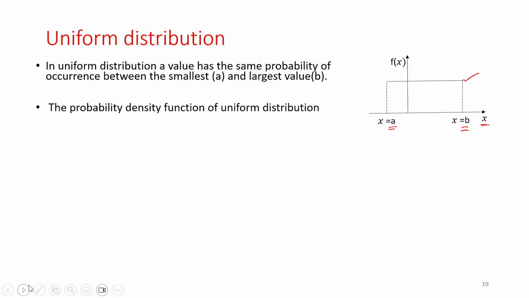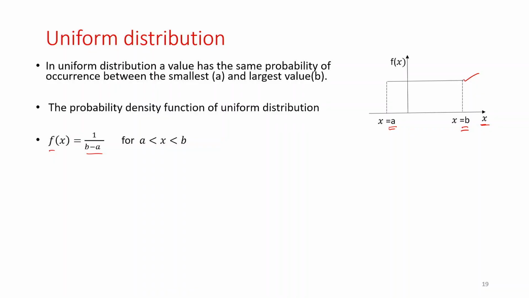The probability density function of this distribution also looks very simple. This is simply f(x) is 1 by b minus a. So b minus a in a way is the distance between a and b, or b and a, whatever you say.